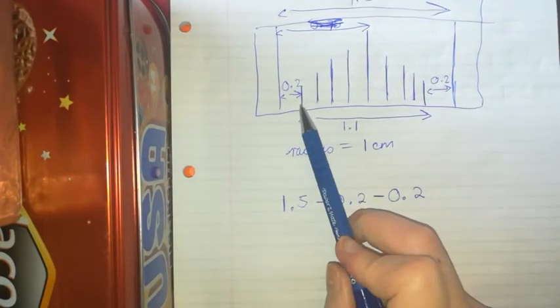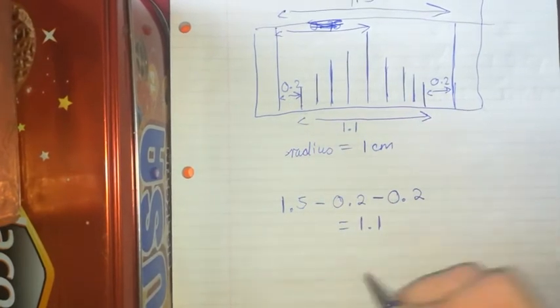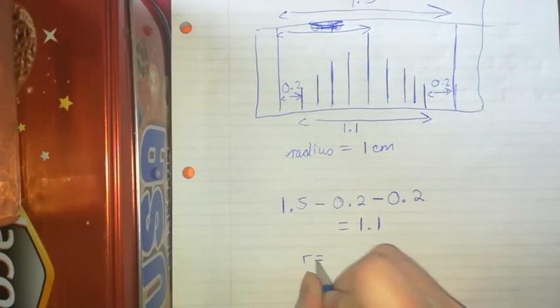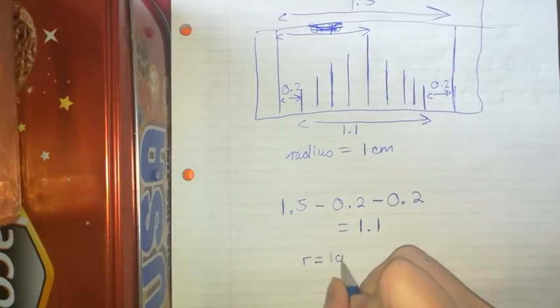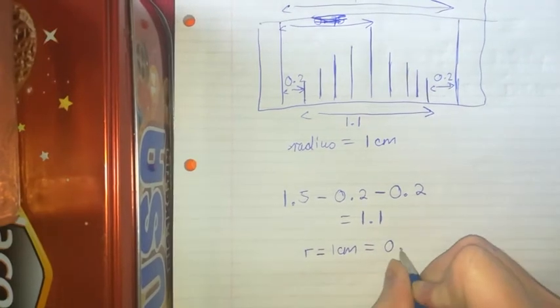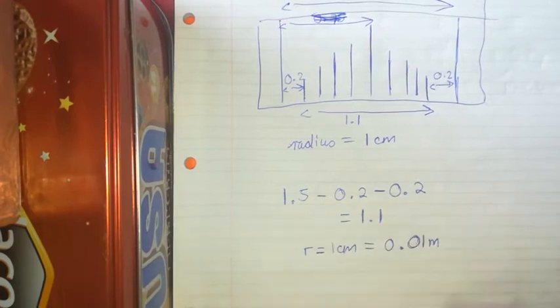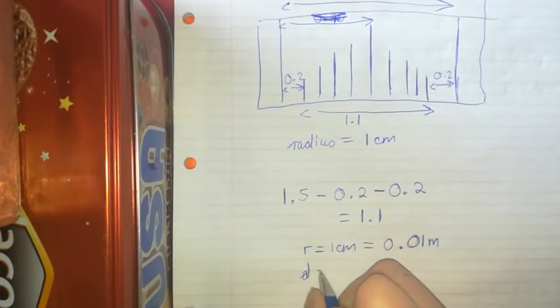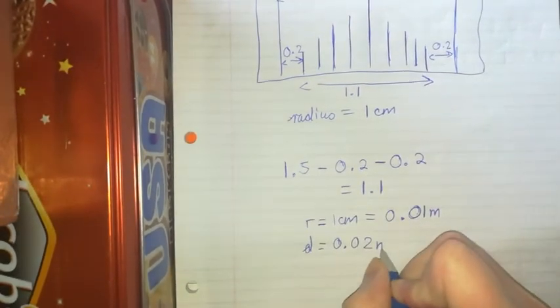But each of these has a radius of 1 centimeter, or I can write that as 0.01 meters. So the diameter of each of the bars is going to be 0.01 by 2, so it'll be 0.02 meters.